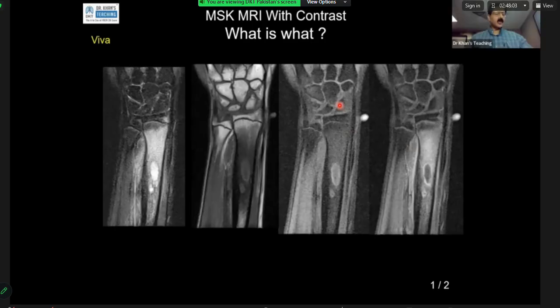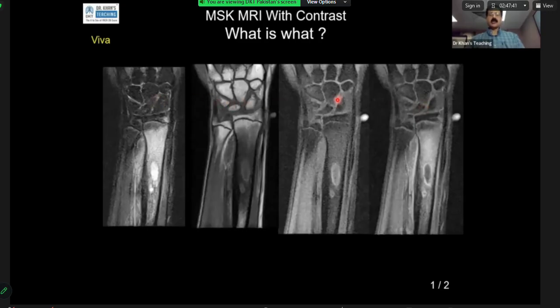So, basically, this is a pre-contrast fat-saturated T1, and this is a post-contrast fat-saturated T1. So let me sum it up.